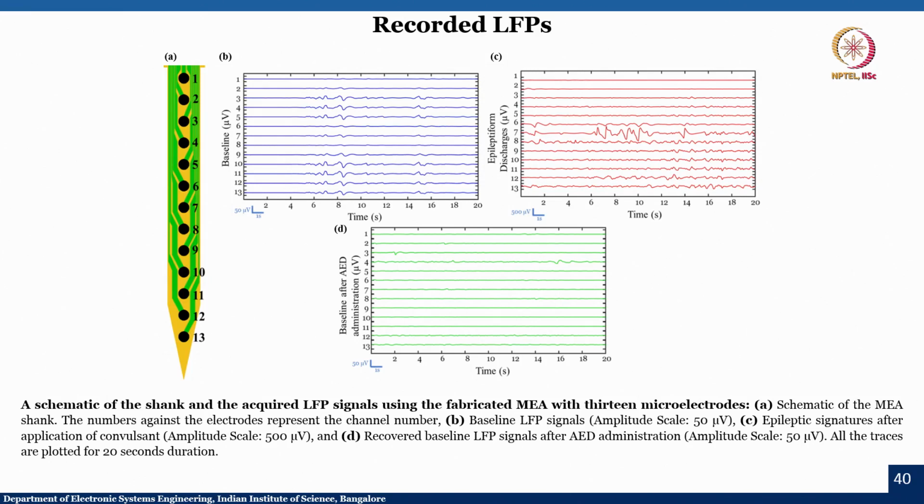You can see how the voltage varies with respect to time. In case of baseline signals the maximum amplitude is 50 microvolts, while in case of epileptiform discharges you can very clearly see that the signal strength has increased to around 500 microvolts. When the AED is administered through the rat's tail, we observe that the baseline is recovered and the amplitude is close to 50 microvolts.